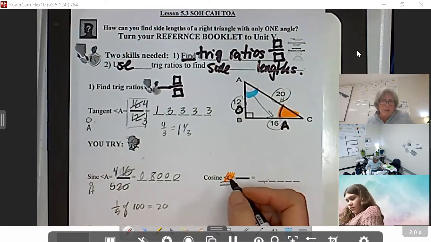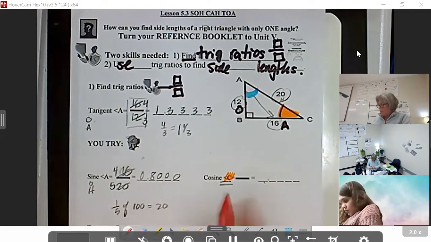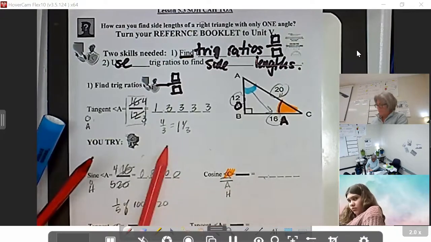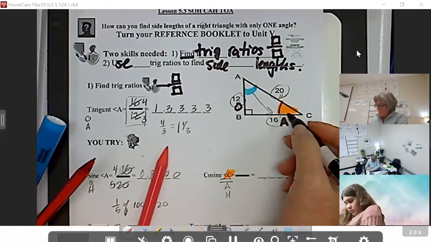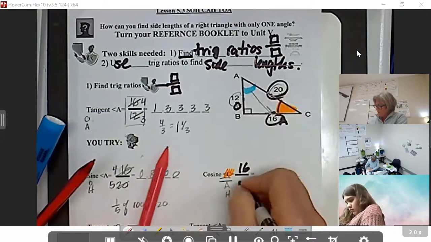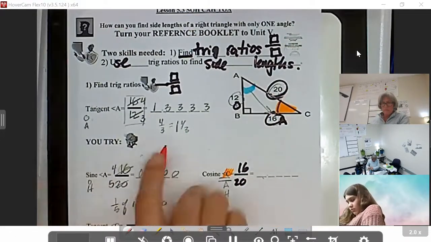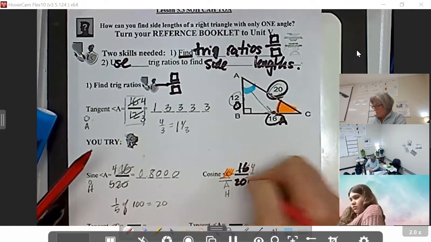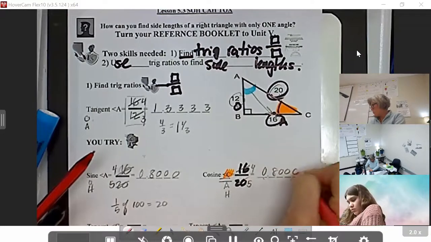When the angle changes, the opposite and adjacent changes. Cosine is CAH. So your adjacent here is 16, over 20, 4/5, 0.80.